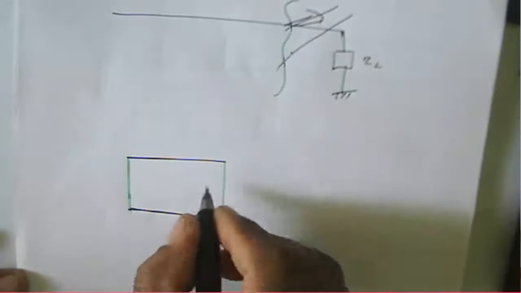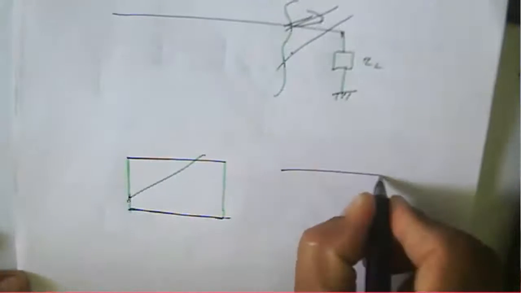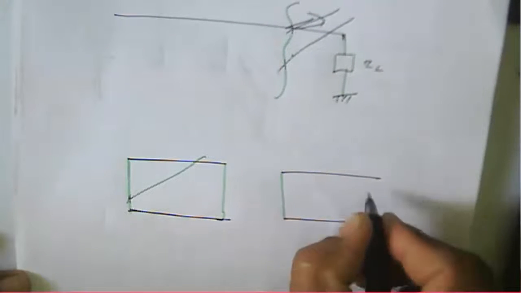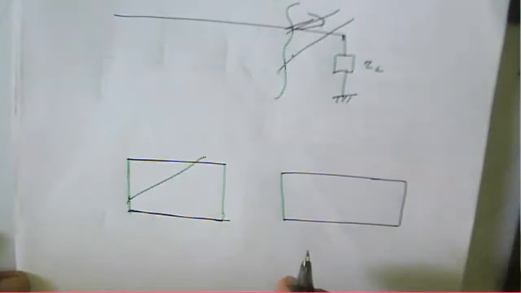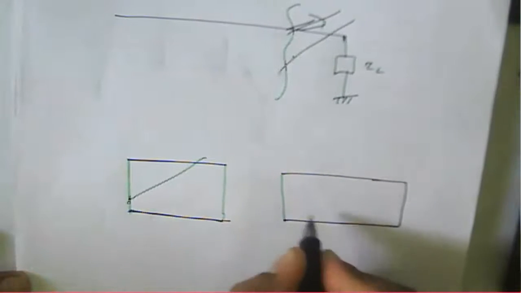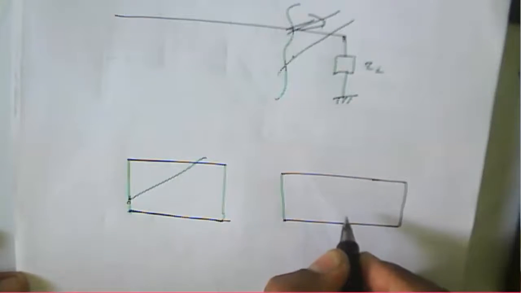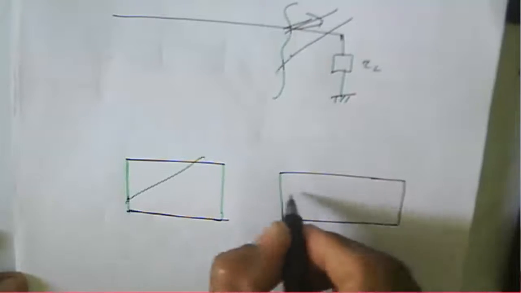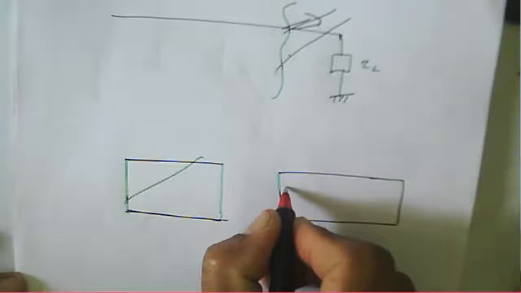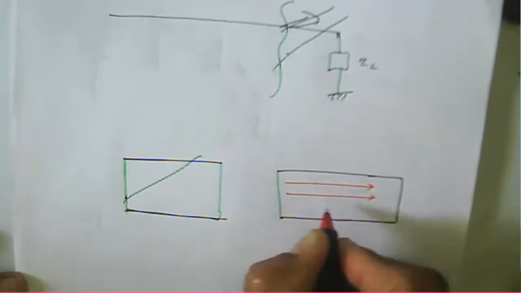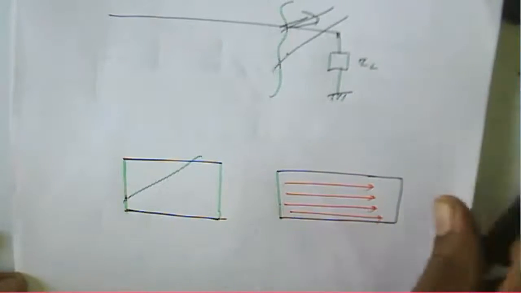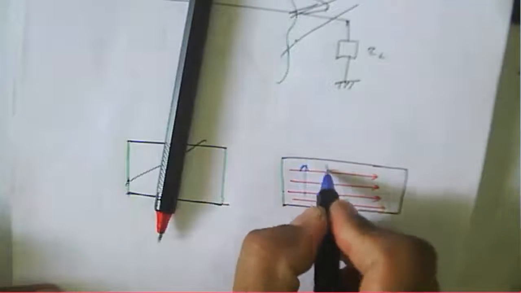Now this is about a rectangle. This is the electric field component, and this is your magnetic field component.